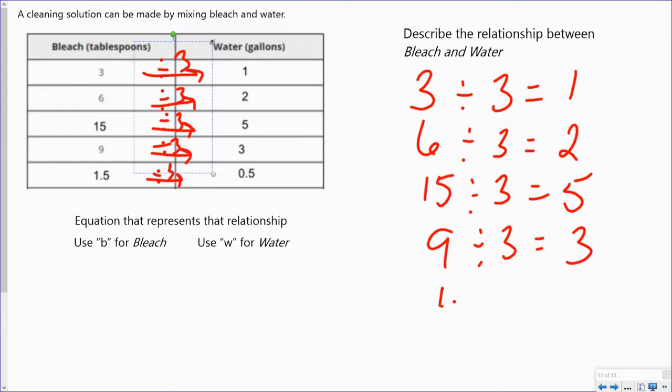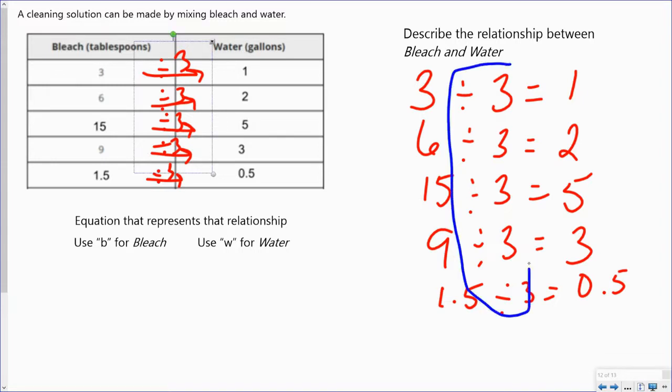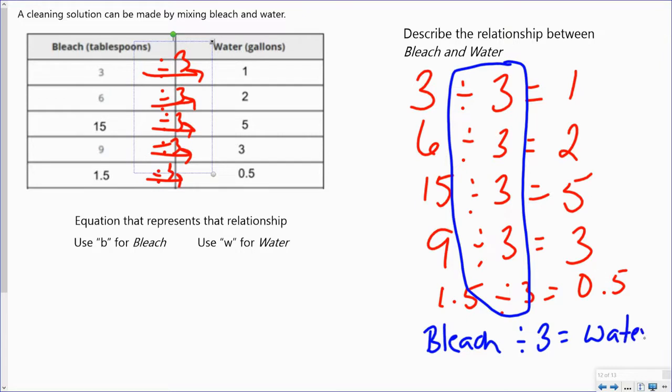And 1.5 divided by 3 gives me a half. So my relationship here would be that each time I take my bleach, I divide it by 3 and I get my water. So bleach divided by 3 gives me the amount of water that I need.